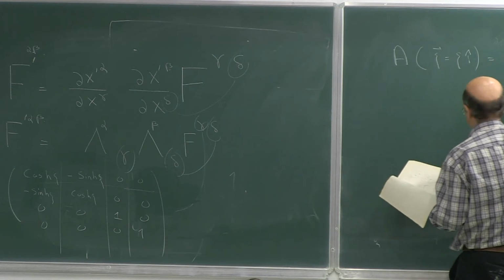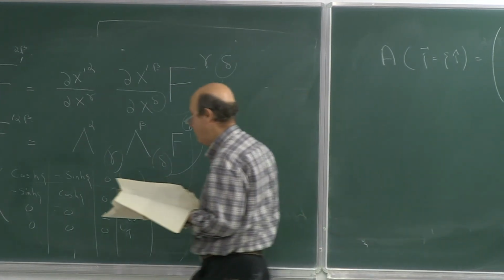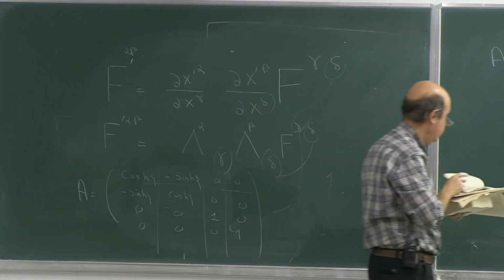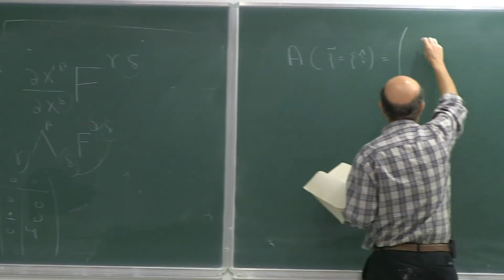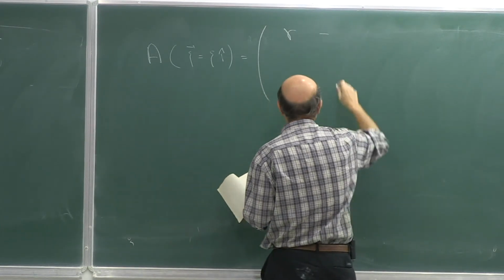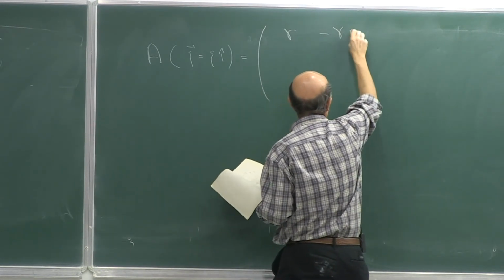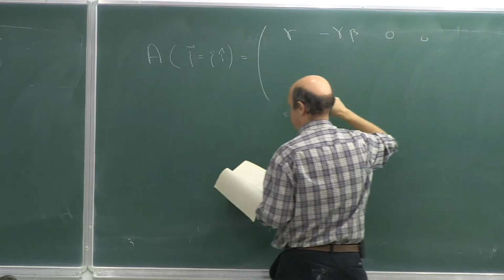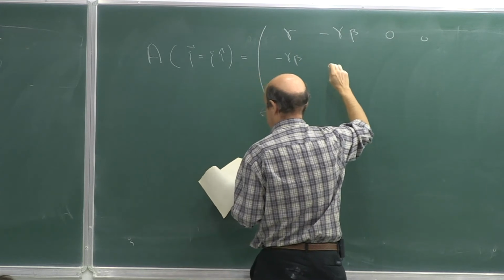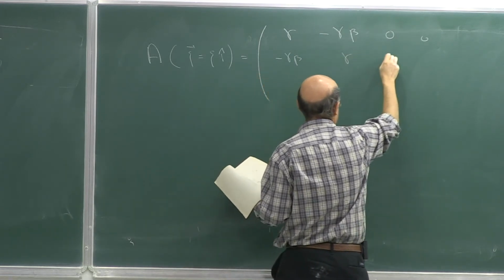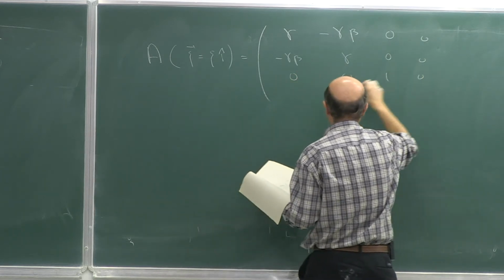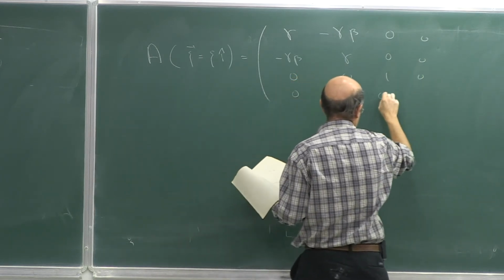It is equal to the matrix where cosine hyperbolic psi was nothing but the gamma, the other was minus gamma beta, 0, 0, and this is minus gamma beta, gamma, 0, 0, then 0, 0, 1, 0 and 0, 0, 0, 1.